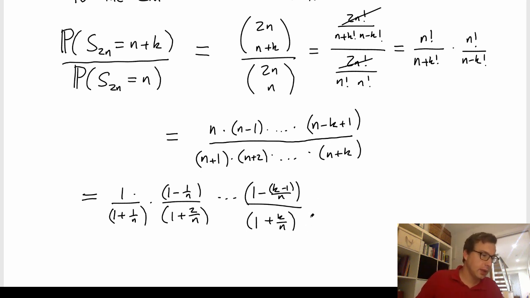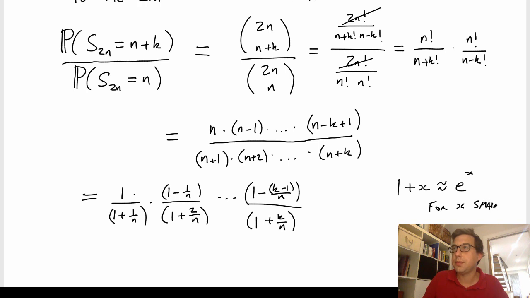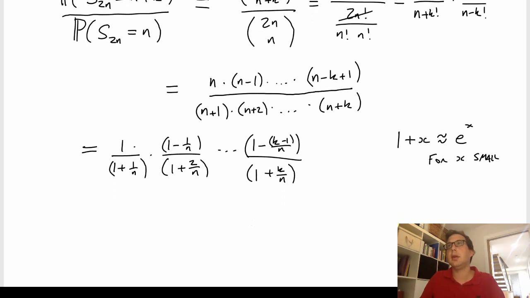so now I'm going to do a bit of an approximation here, alright? So one thing we can say is that, if I've got lots of terms of this size, okay, I can do the following approximation, that 1 plus x is approximately equal to e to the x for x small. Okay, why is that?